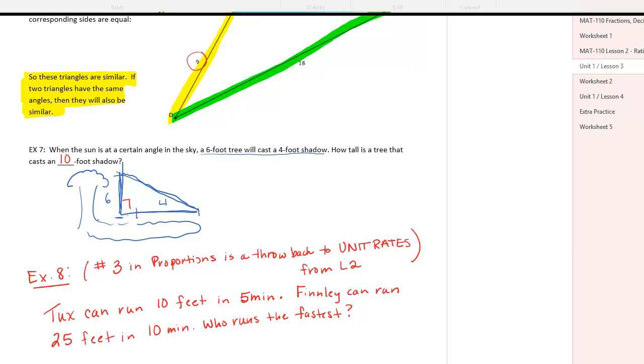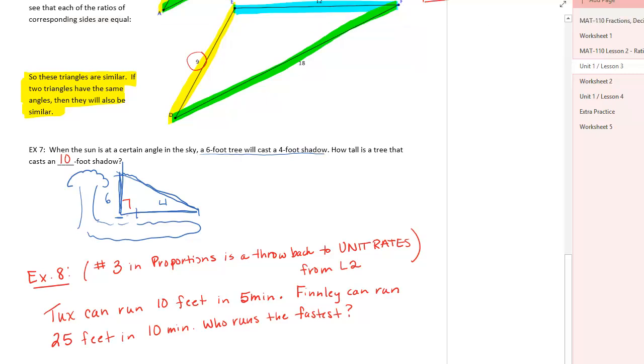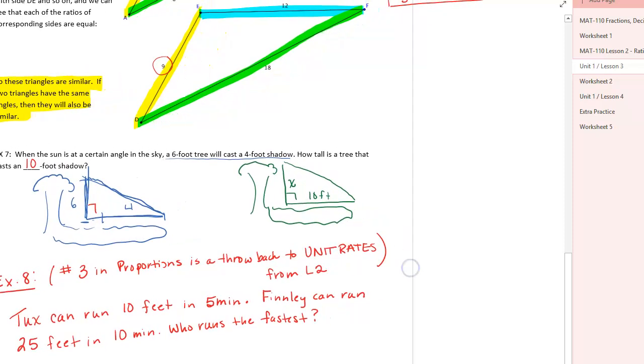So if we draw another tree, of course not to scale, and it's casting this shadow, but this time we don't know how tall the tree is, but we do know that the shadow it's casting is 10 feet. And here's our triangle with the hypotenuse here. So these triangles are similar. They're both right triangles. And so the sides are proportional is what we're assuming.